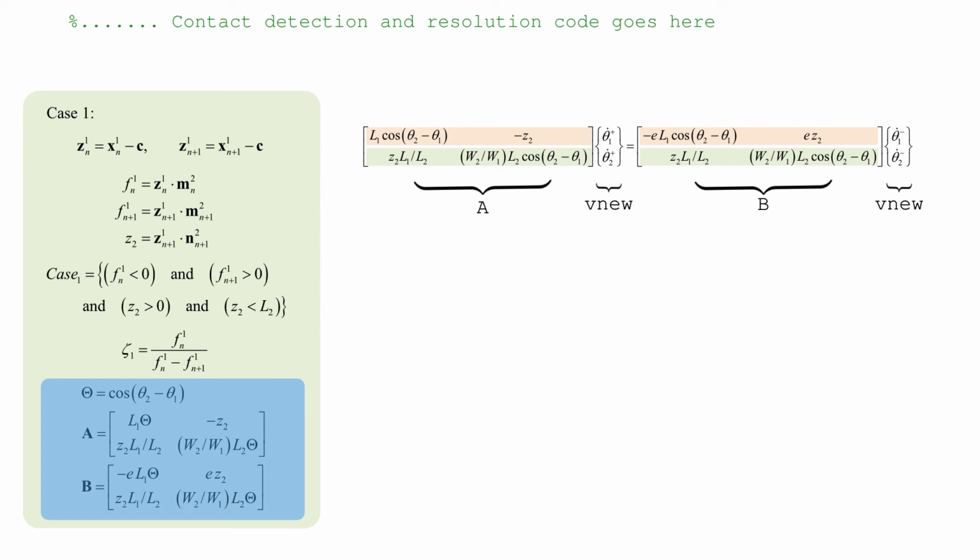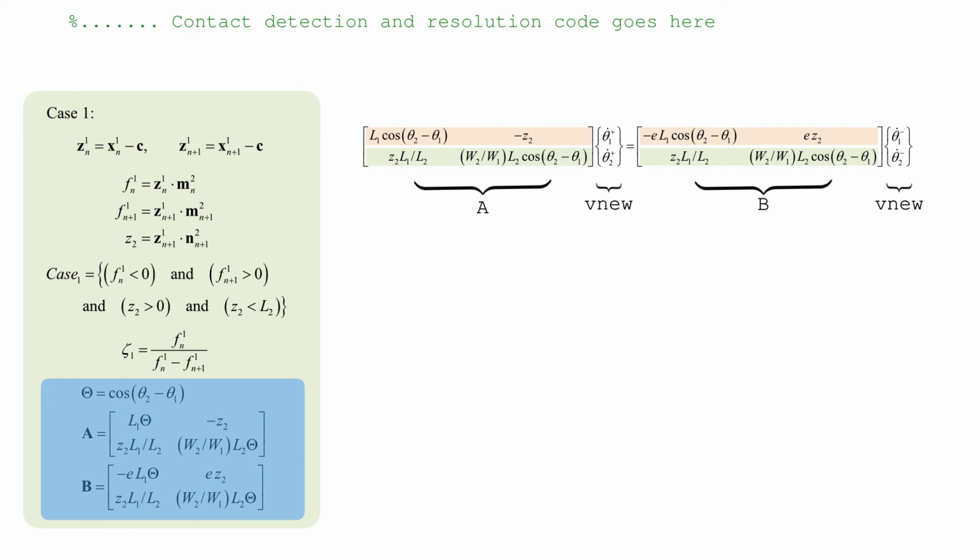So in the blue, we have what you're going to want to enter, and then up in the top right, we're going to have the full equation. We use this capital theta term as another intermediate variable to keep things a little bit cleaner. And looking at the full equation, we have the coefficient A, vnew, B, and vnew.